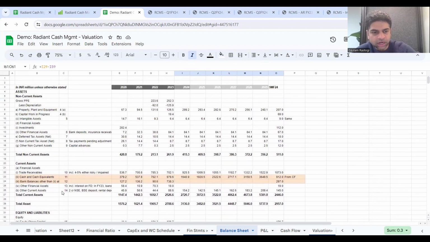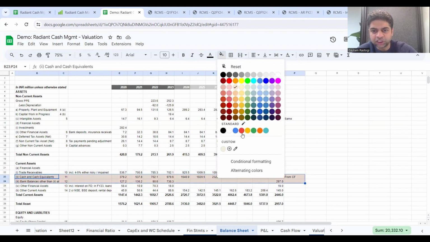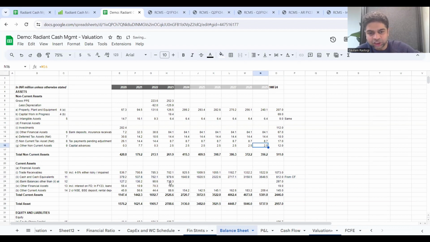Okay, and let me remove the color. ओके, थोड़ी ऑब्जर्वेशन. लेट्स टेक अ नोट. हमारा कैश has increased from 170 CR to 365 CR. तो more than double हो गया है हमारा cash.